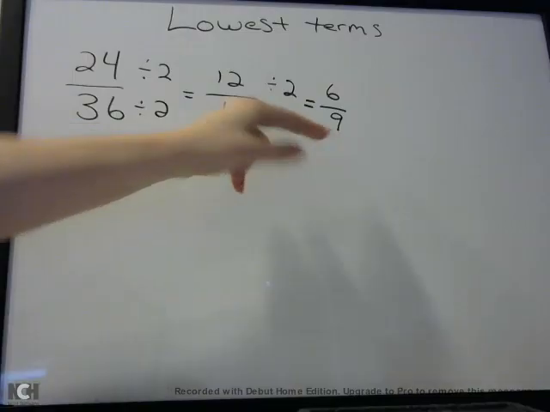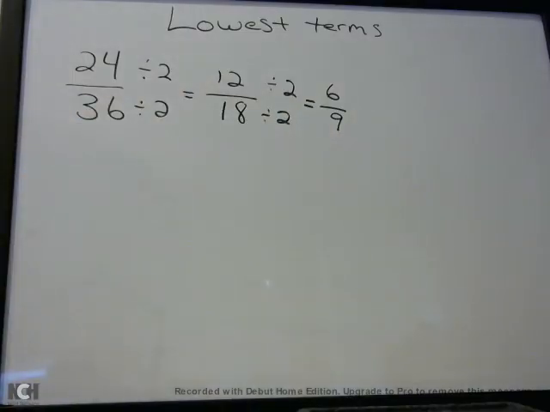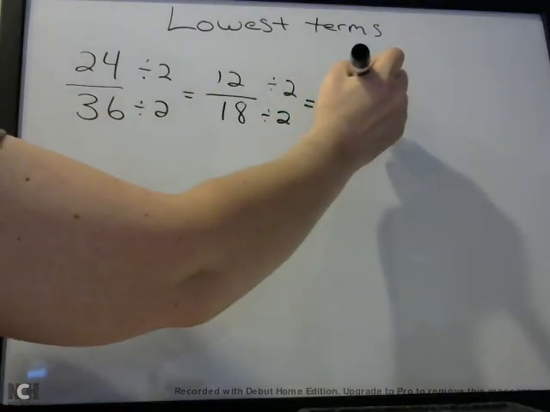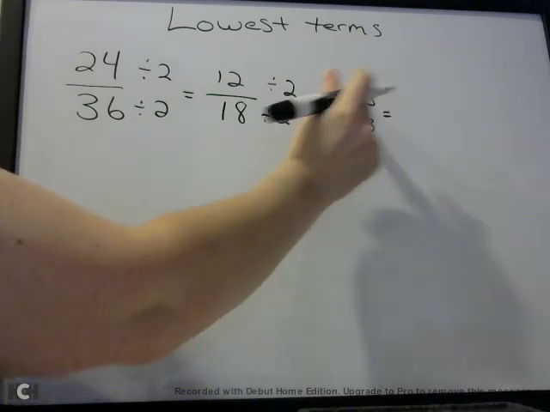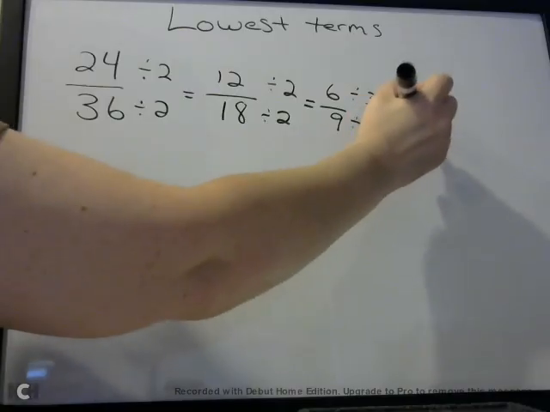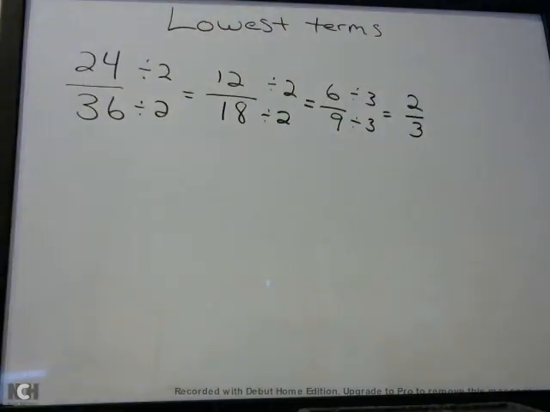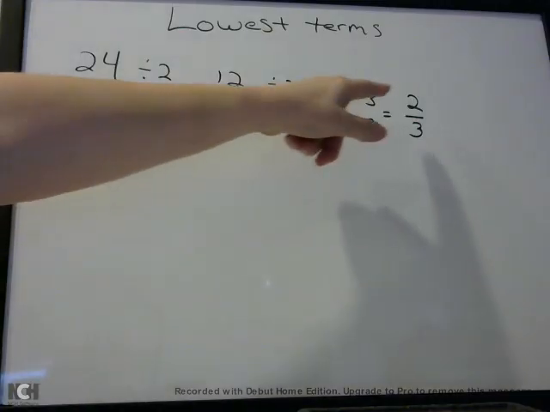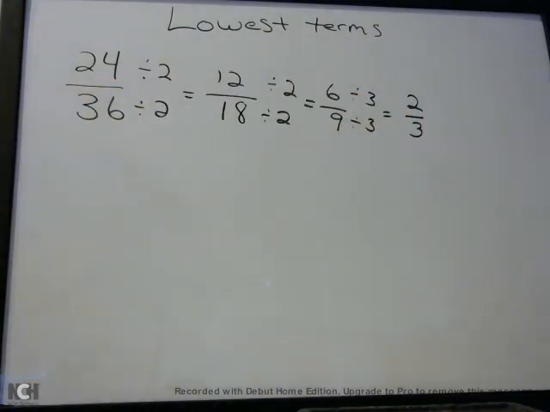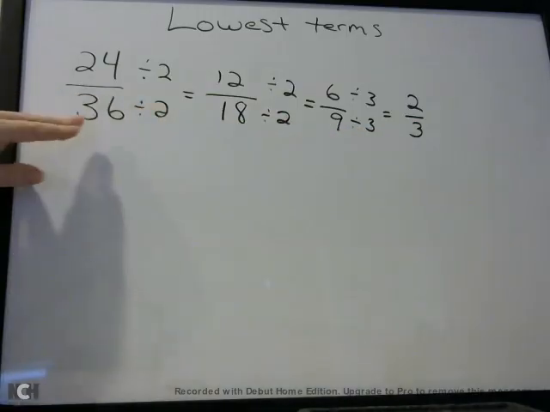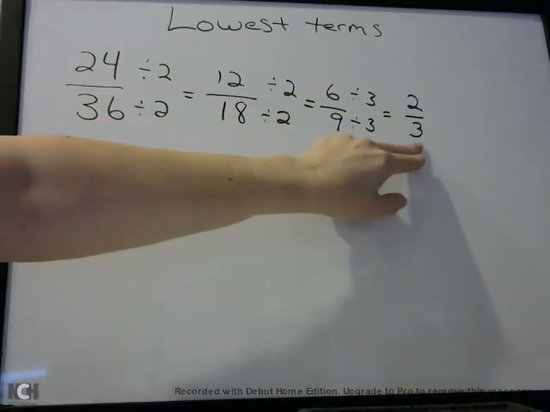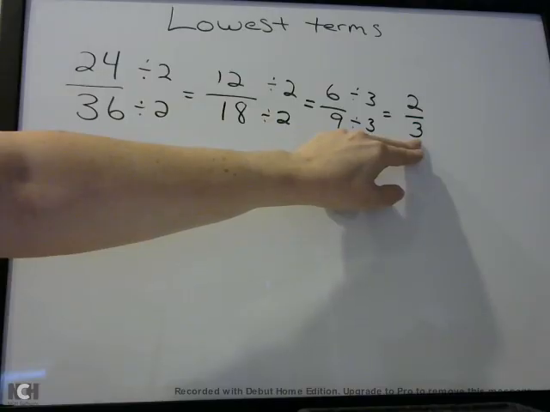Well, we look at 6 and 9, and both of those numbers can be divided by 3. 6 divided by 3 is 2, and 9 divided by 3 is 3. So now we're at 2/3. Is that in lowest terms? There's no number that you can divide evenly into both 2 and 3. So this is the answer. Your answer in lowest terms is 2/3. 24/36 is the same as 2/3.